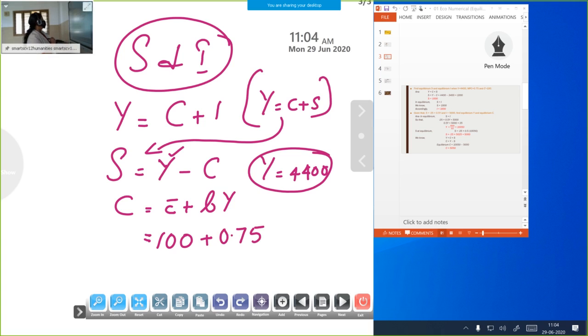Then Y is given as 4,400. So first you have to solve this one. Then we will get C is equal to 3,400. So 3,400 is C.